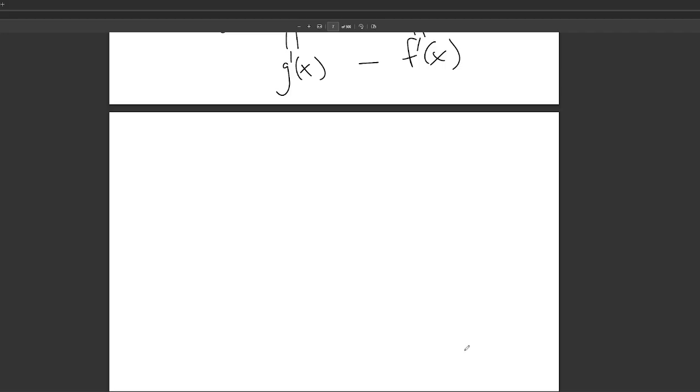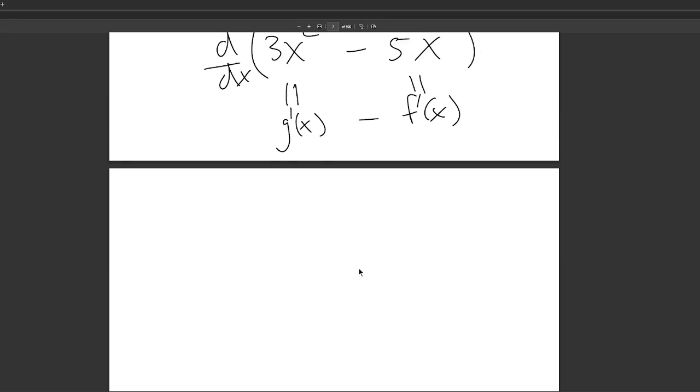All right. Derivatives of more exotic functions now. Let's see what happens if we do the limit definition of a derivative for cosine x or sine x.